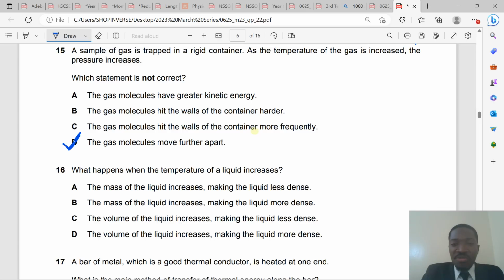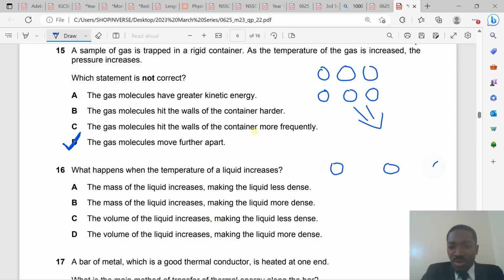Why? Because if it was solid molecules, you know, solid molecules are in fixed positions. So if you apply heat to solid molecules, you have the solid molecules looking like this. It means the distance between the molecules has increased as a result of heat, because the molecules are not free to move about. They can only vibrate about their fixed position.